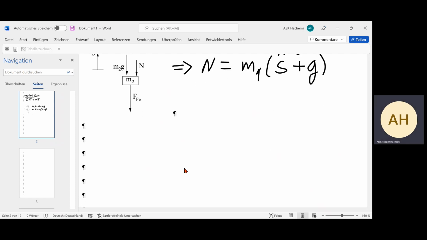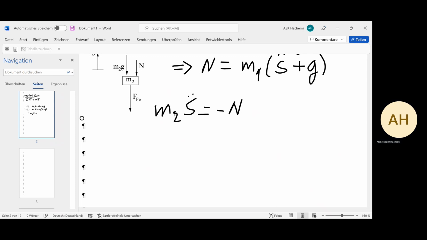And we have also for the mass M2 multiplied by S double dot. This will be equal to minus N minus M2 multiplied by G minus the spring force FFA.